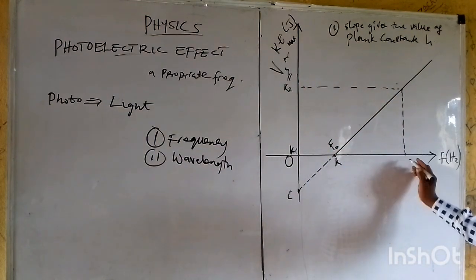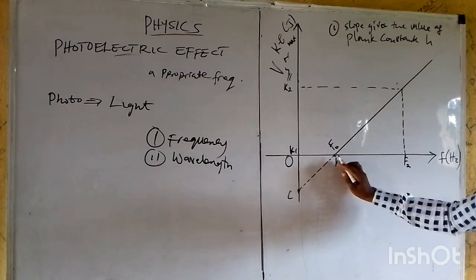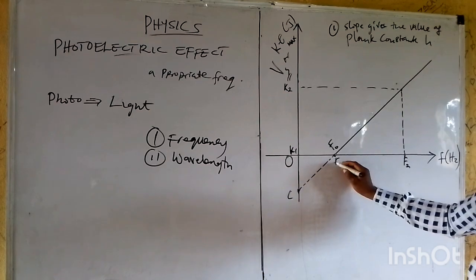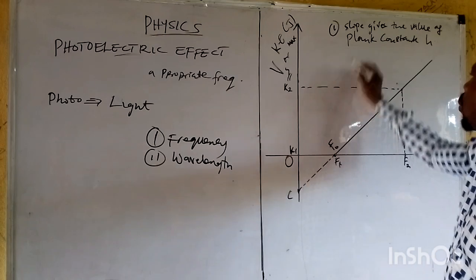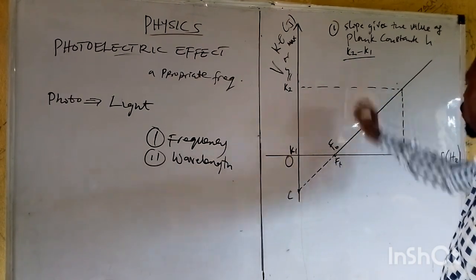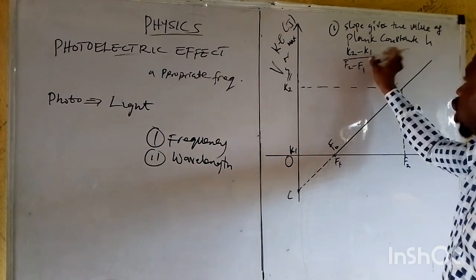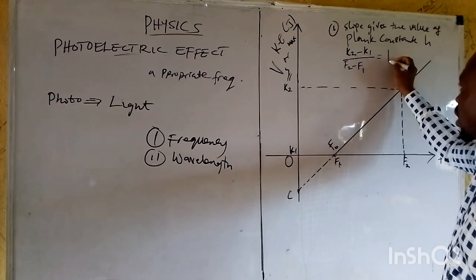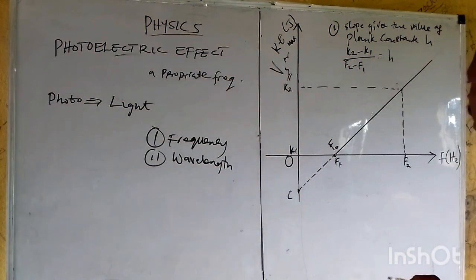For the horizontal axis, we pick the values, say here is F2, and here is F1. So we now say that slope is K2 minus K1 all over F2 minus F1. So the slope of this graph will give the value of the Planck constant. That is the first deduction we take.